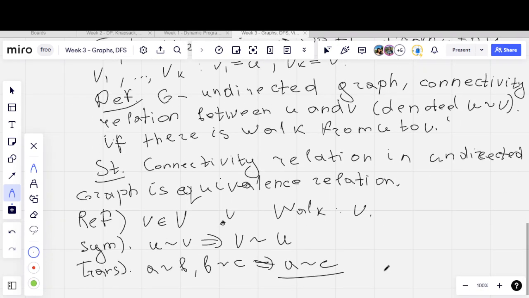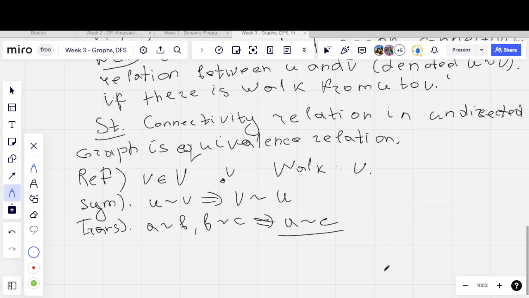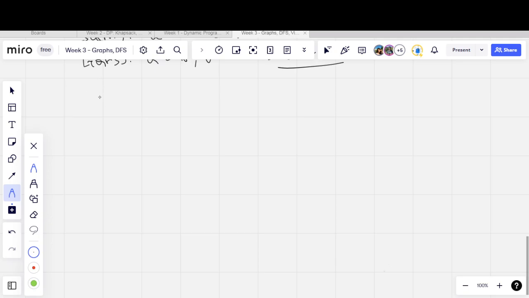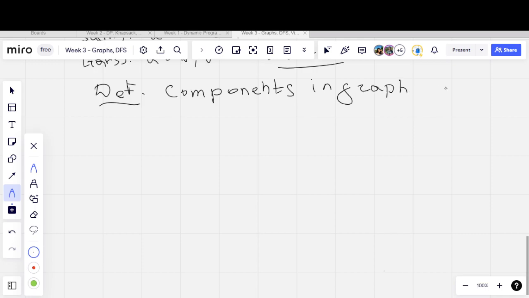So we consider the connectivity relation in an undirected graph, and so the next definition: components in a graph are equivalence classes by tilde. What does it mean?